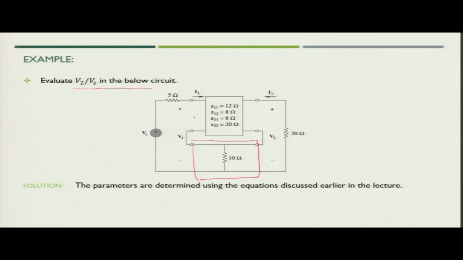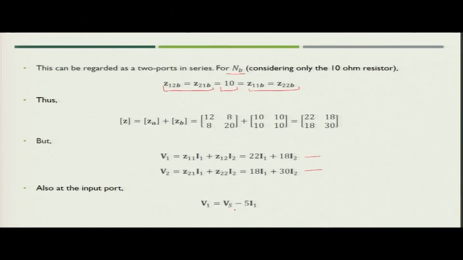Now, from the figure, if you see V1 is the input port voltage, but before that we have one voltage source connected in series with 5 ohm resistance. So, what we can write? V1 is nothing but equal to Vs minus 5 into I1, because I1 is the current which is flowing through the port. So, V1 is equal to Vs minus 5 I1.